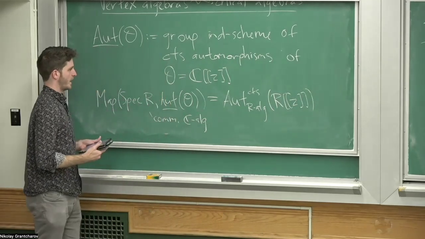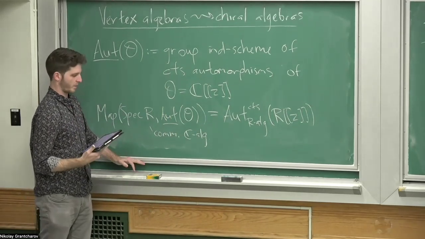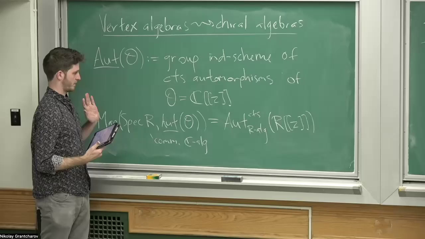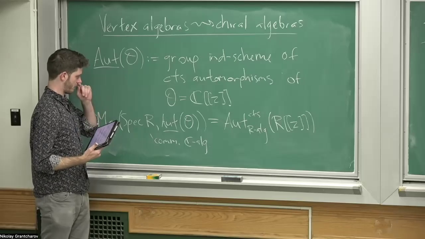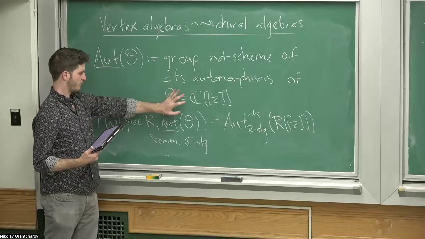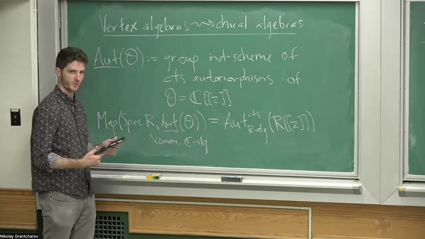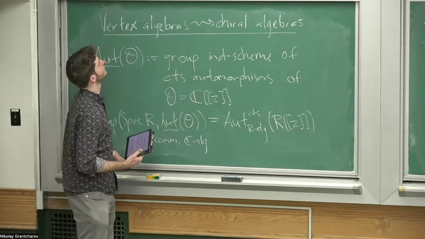Again, the more naive thing you would write down, if you were not thinking carefully in terms of scheme theory, would be the underlying reduced group of this, but it has some interesting non-reduced structure as well, which is why I want to write it this way.